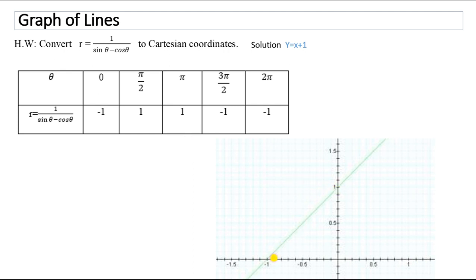I connect between them by a line. This is the equation of the line y equals x plus 1, or r equals 1 over sine theta minus cosine theta. This is the graph.